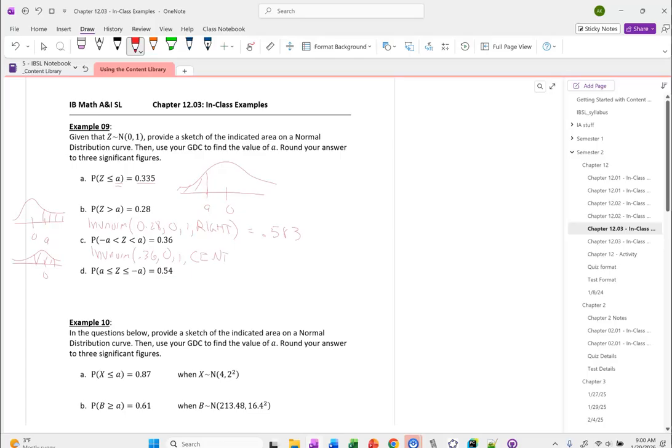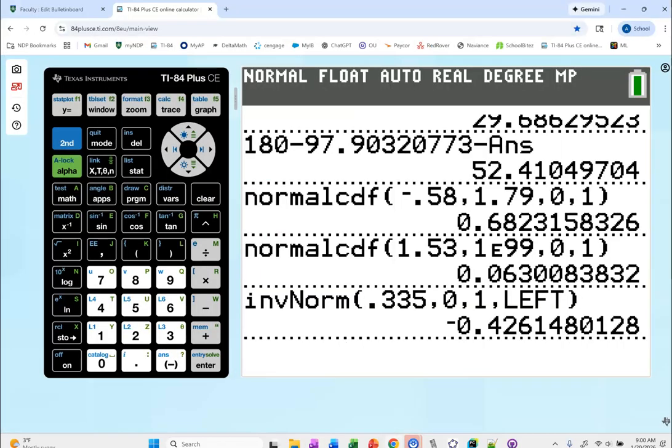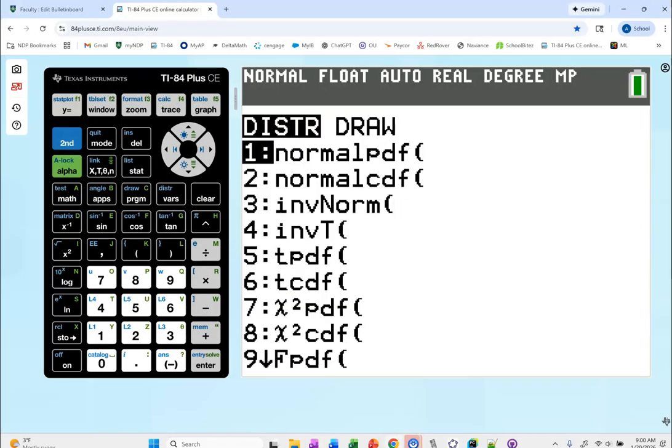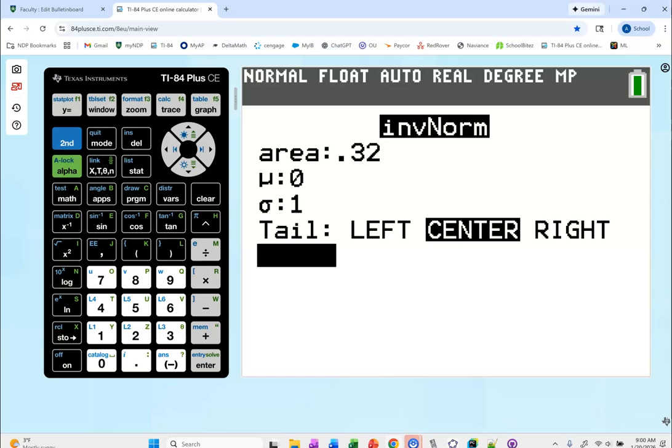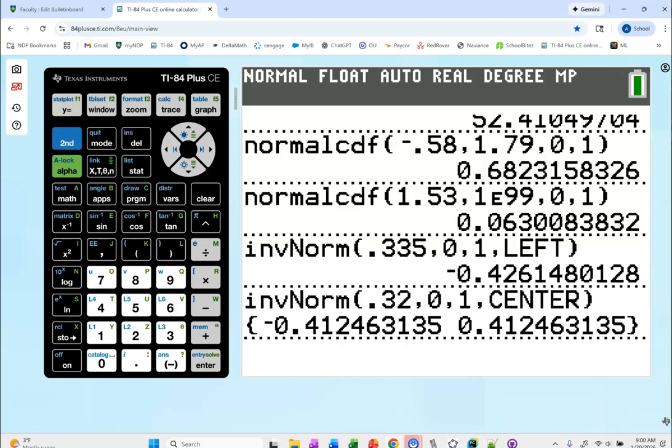Now notice what happens when you type this into your calculator with the center. Yeah, we get 2 results back, right?